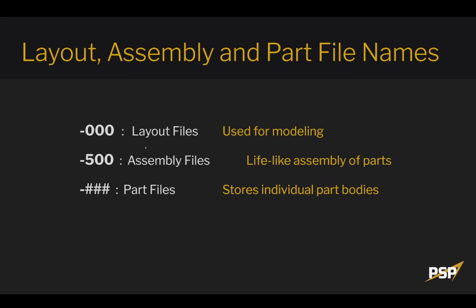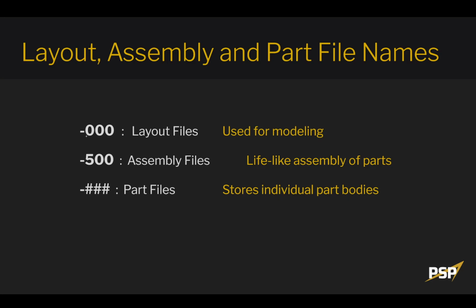Okay, so I said I was going to go into layout and assembly files. I'm probably going to dodge that question right now and just give you what the numbers mean, and explain more about what those types of files are used for later in another video, like I said.